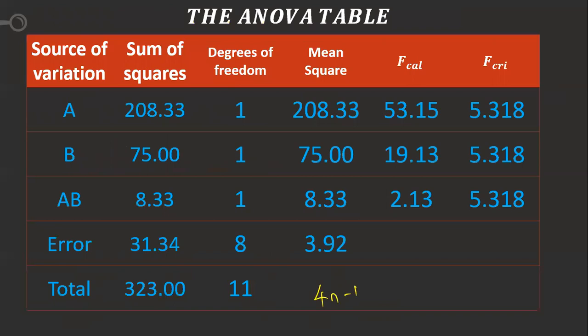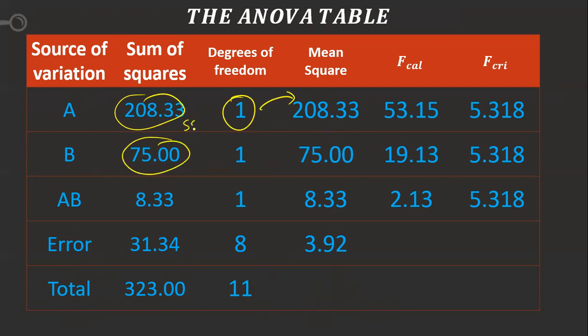Now see this mean square, it is nothing but this particular thing. This divided by this gives you this column. This is SSA, this is SSB, this is SSAB, this is SST. Here this is SSA divided by degrees of freedom, that is 1.